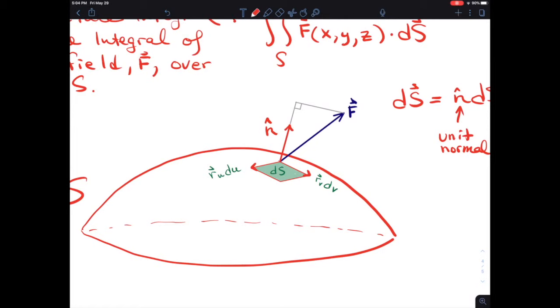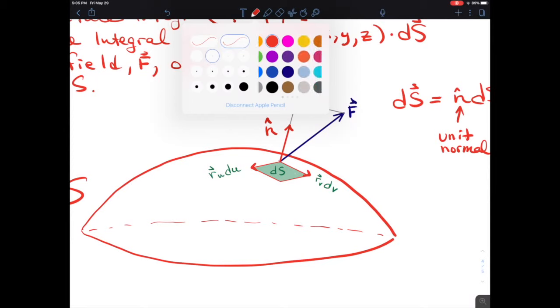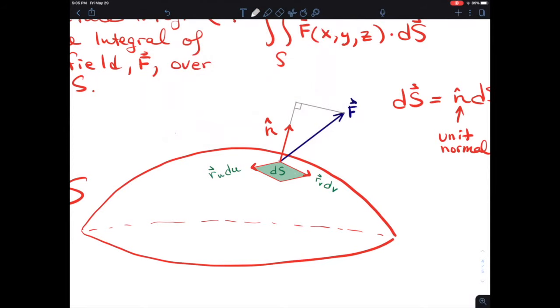Okay, so when we do f dot n, we're just measuring how long the normal component is. So let me see if I can add some more here to make that clear. Okay, so from here to here.